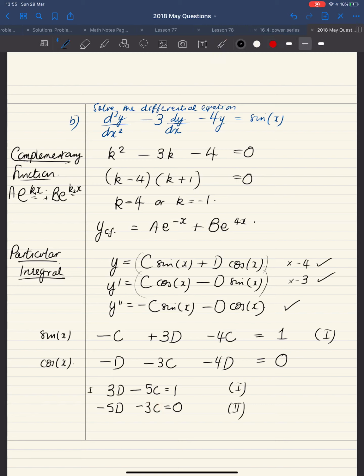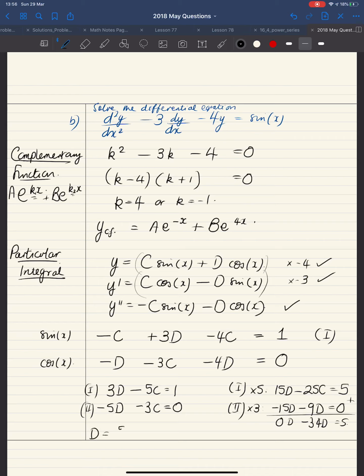So that was equation 1. That's equation 2. So 1 times 5 gives us 15d minus 25c is 5. 2 times 3 gives us minus 15d minus 9c is 0. Add them together, they cancel like we expected. Minus 34c is 5.